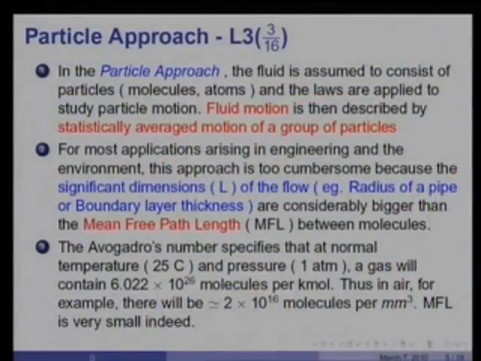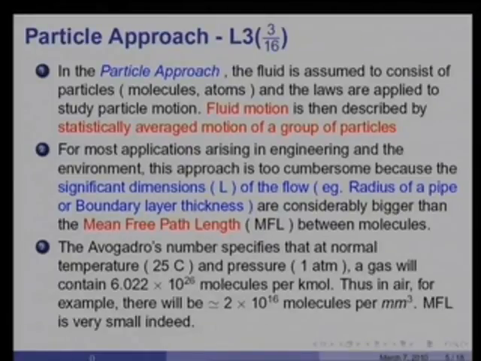These significant dimensions of the flow tend to be considerably bigger than the mean free path length between molecules, which means in a given pipe there will be simply billions and billions and trillions of particles to track, even in a simple 1 centimeter diameter pipe.